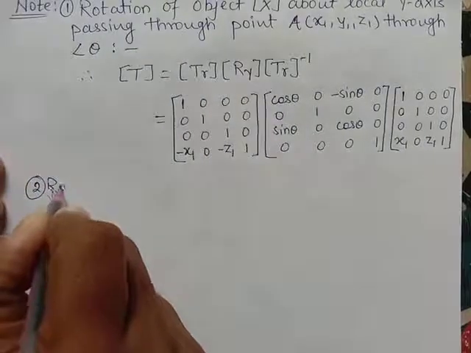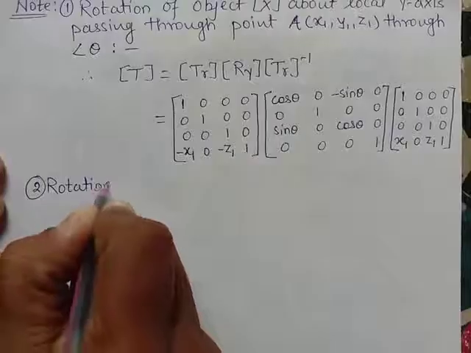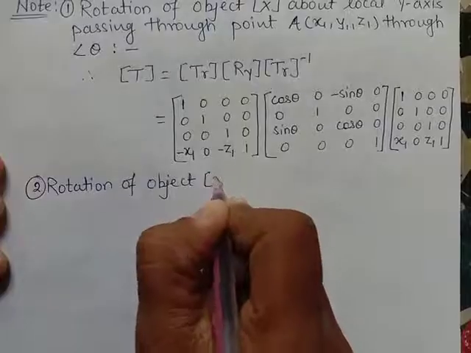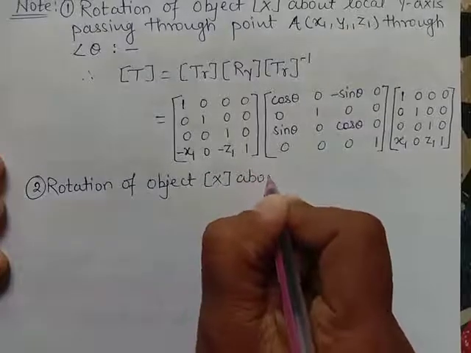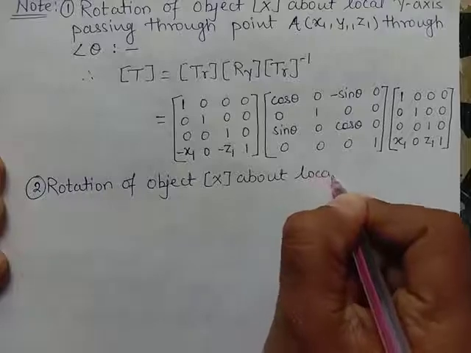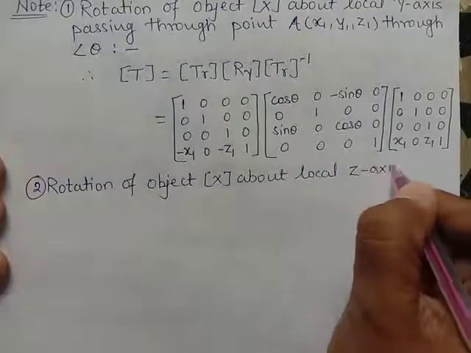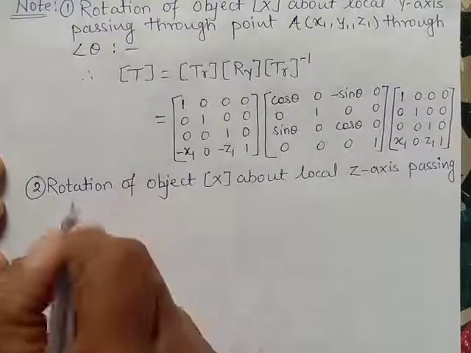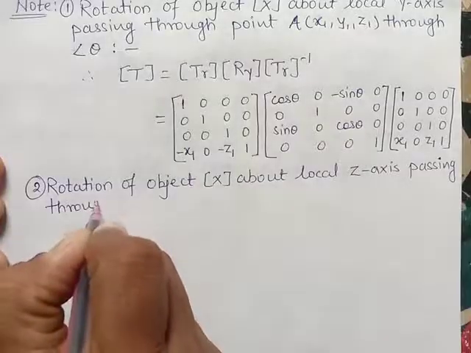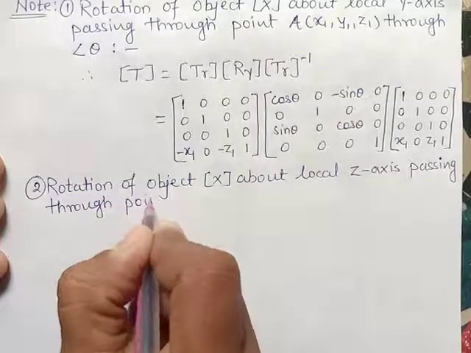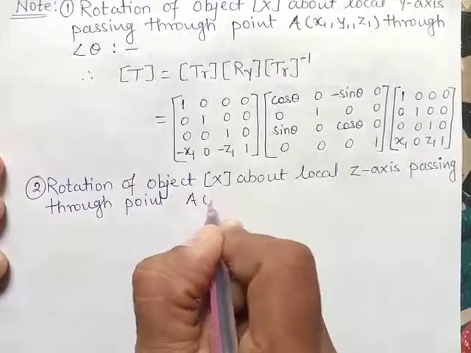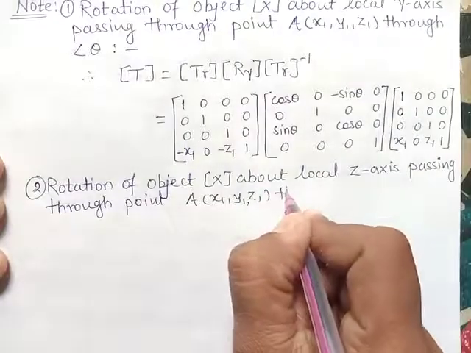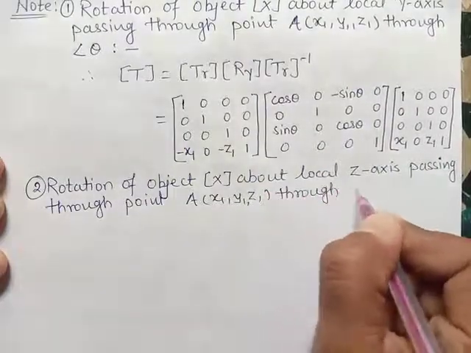So, rotation of object X about the local z-axis passing through point A (x1, y1, z1) through angle theta.